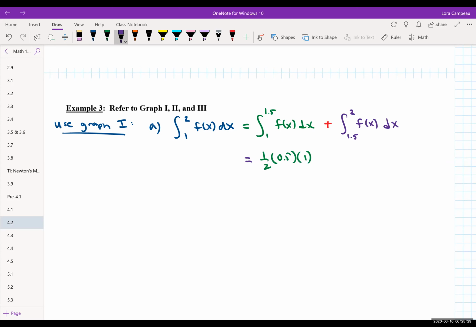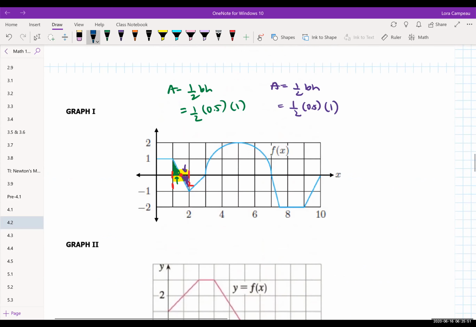And yes, we can relate this integral to area, 1/2 times 0.5 times 1, but because we're below the x-axis, that's where the negative sign comes in. And they both happen to have, well, one's negative, one's positive, so 0 would be our answer. And you can actually see that with the picture. If those areas are the same, one's above and one's below, right in the middle, they neutralize each other out. So kind of like an application of what we did earlier, but just giving you an idea.